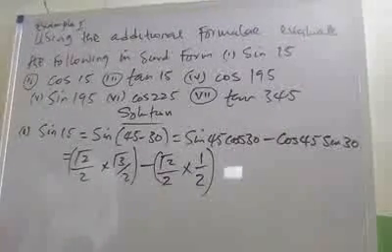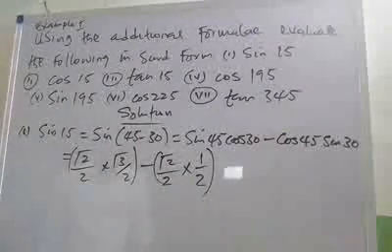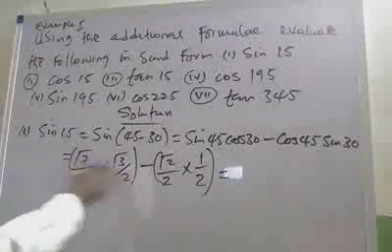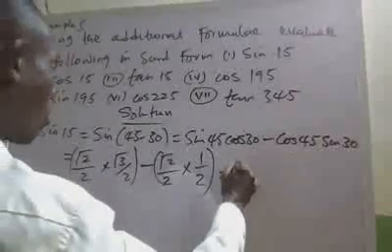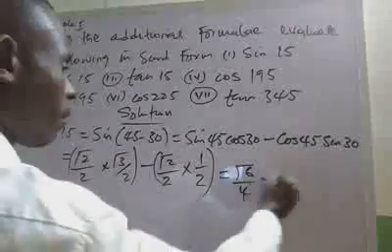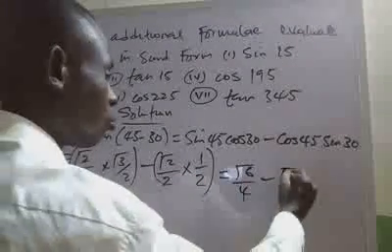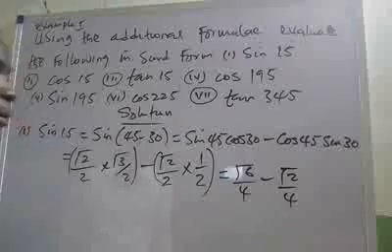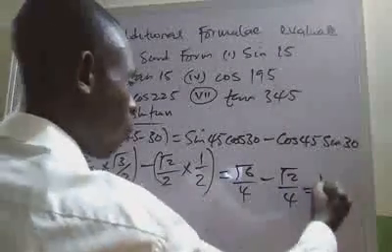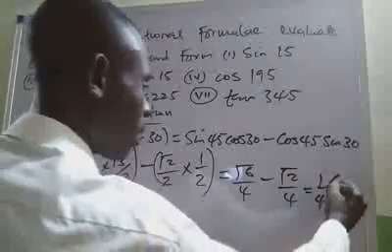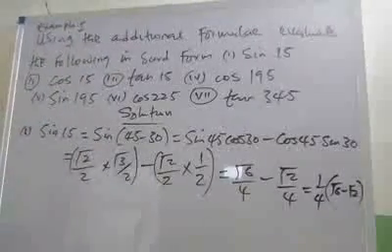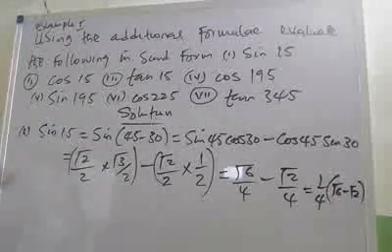When you multiply, this will be root 6 over 4 minus root 2 over 4. We can bring out 1 over 4 into a bracket: root 6 minus root 2. So that is sine 15.